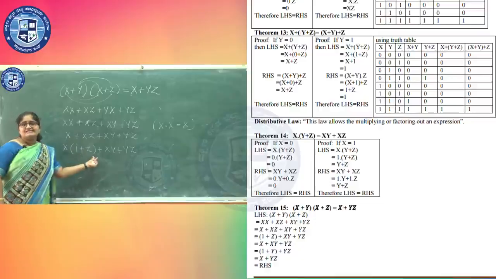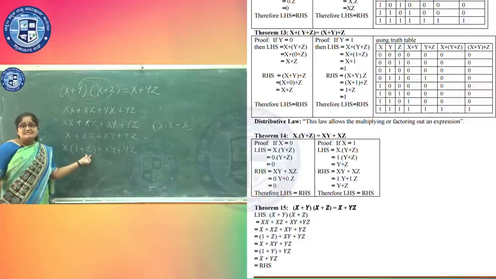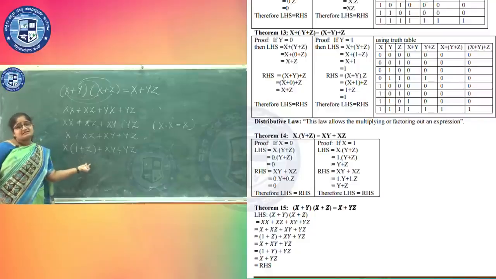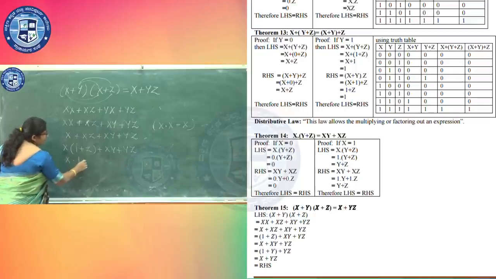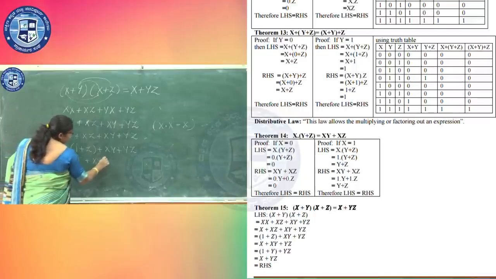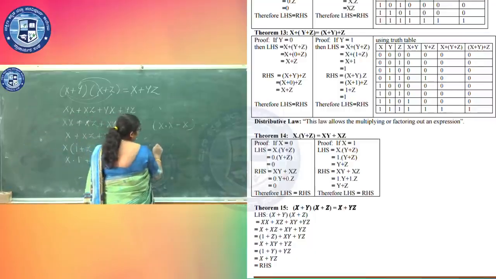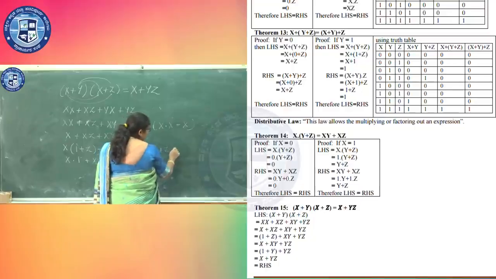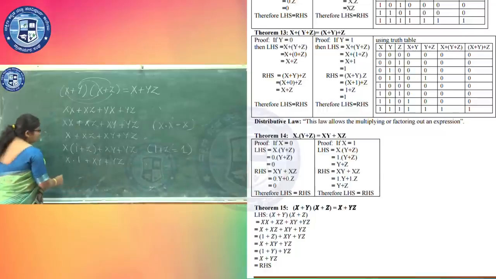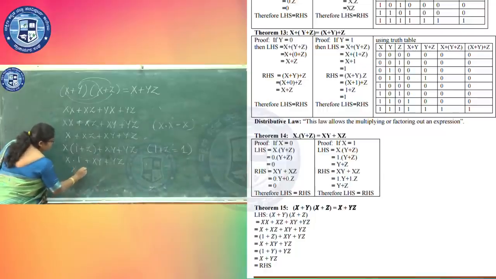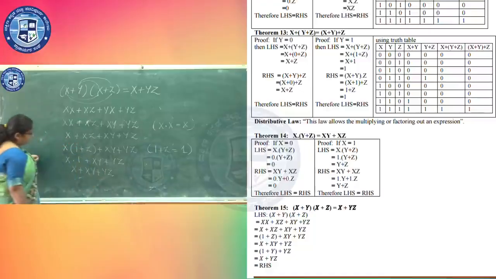What is 1 plus z? In the previous theorems we have proved that 1 plus z, or 1 plus x, is nothing but 1. Therefore x into 1 plus xy plus yz. So here we are making use of the theorem 1 plus z is equal to 1. So we have x plus xy plus yz.